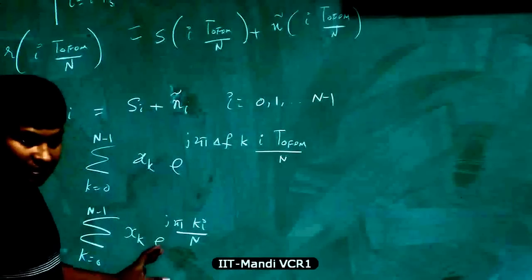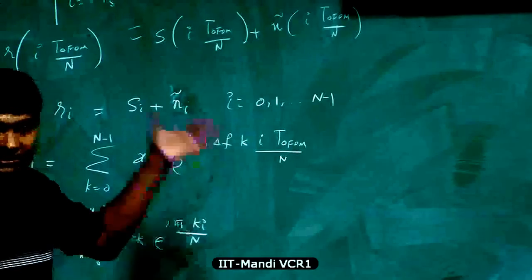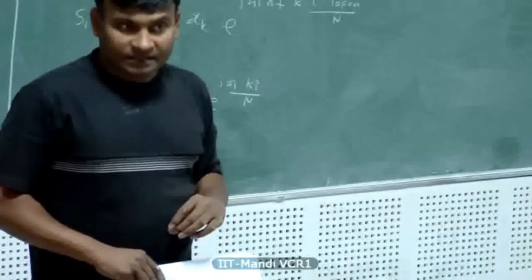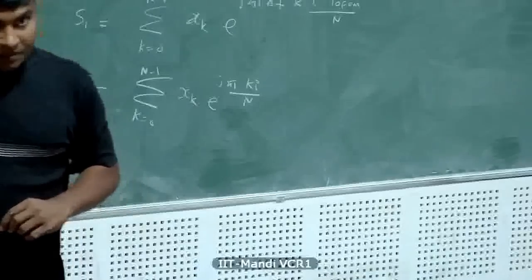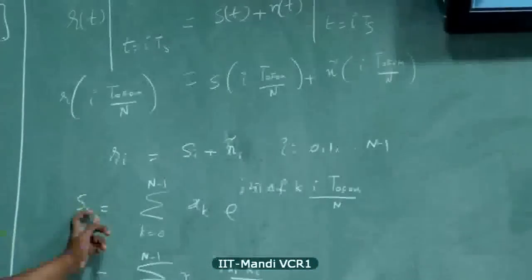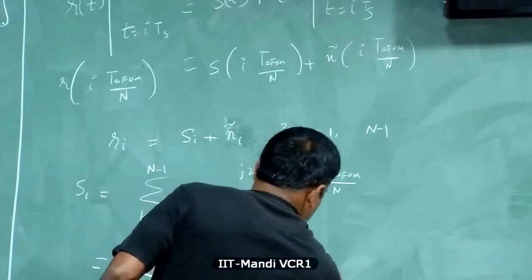So let's take a short break and look at the transmitted signal S of t, how it could be synthesized, the analog signal. This is how you have to generate S of t. But perhaps what we could do is generate S of i ranging from 0 to N minus 1.